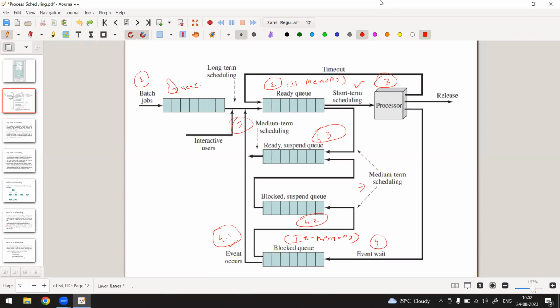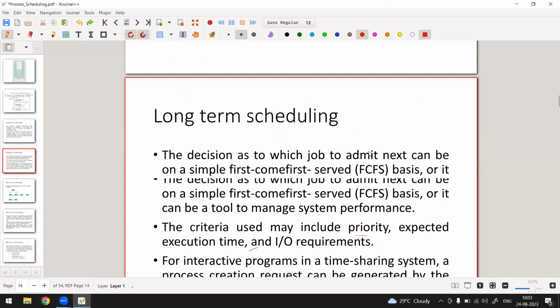Understand it very properly, because based on this, you have many other concepts. All right, so I think we should move on and continue discussing the process scheduling part.